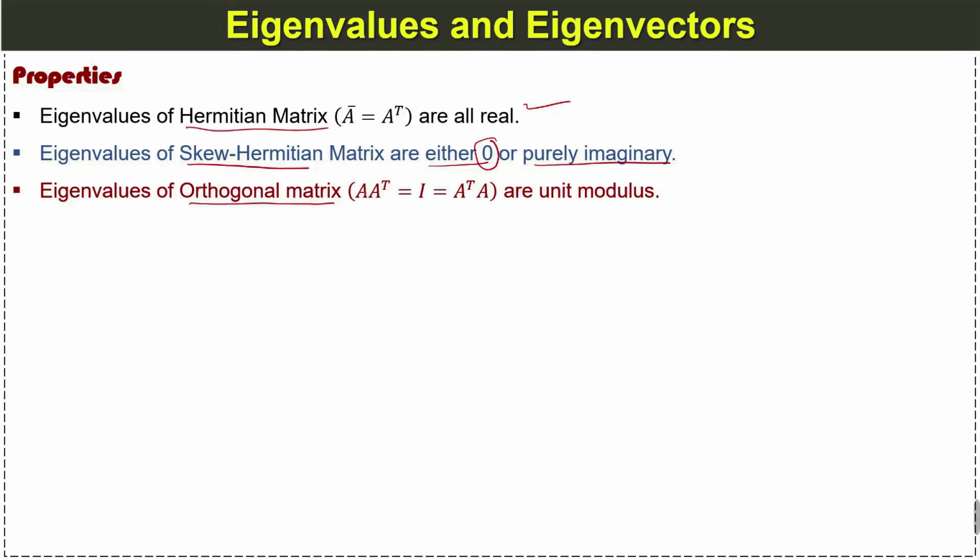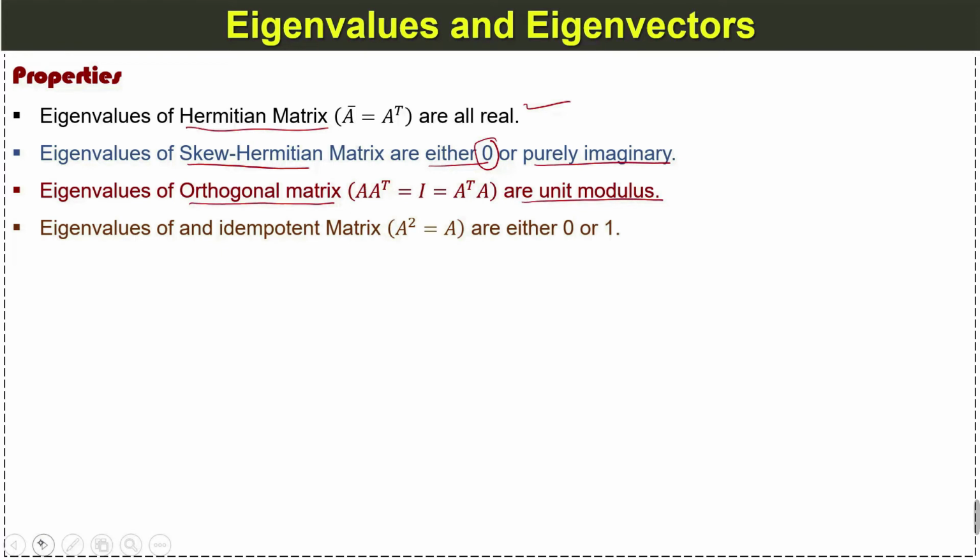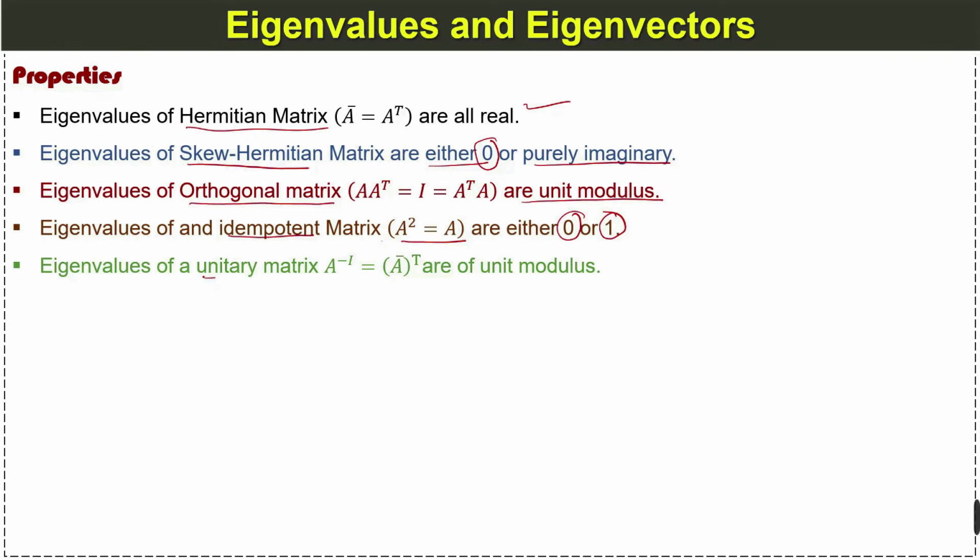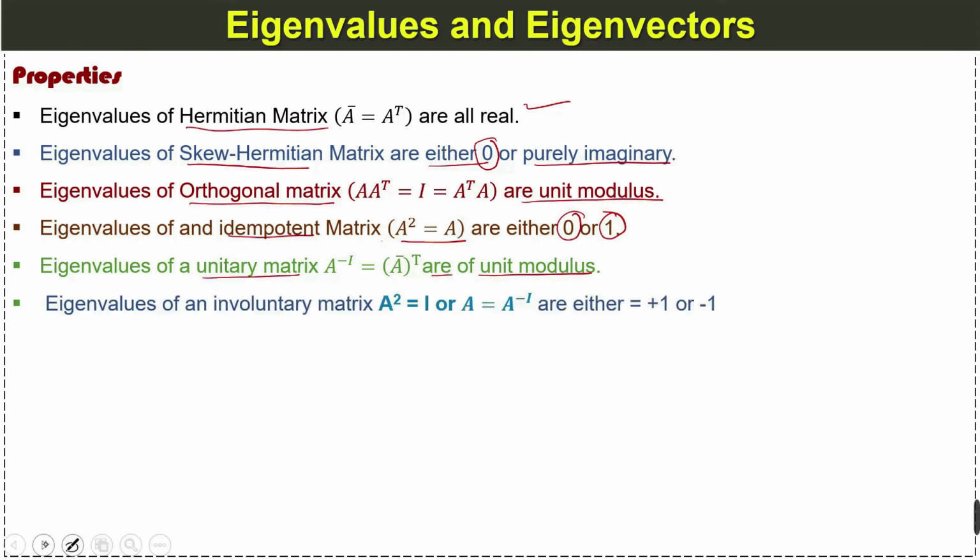Eigenvalues of an orthogonal matrix are of unit modulus. Eigenvalues of an idempotent matrix are either 0 or 1. Eigenvalues of a unitary matrix are of unit modulus. Eigenvalues of an involutory matrix are either plus 1 or minus 1.